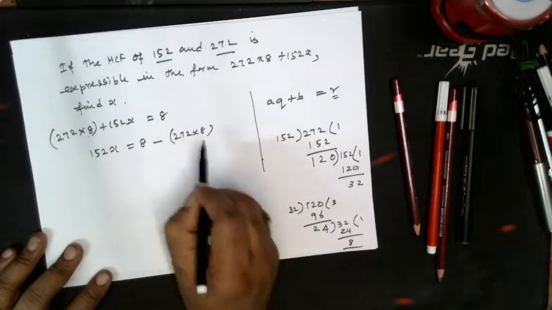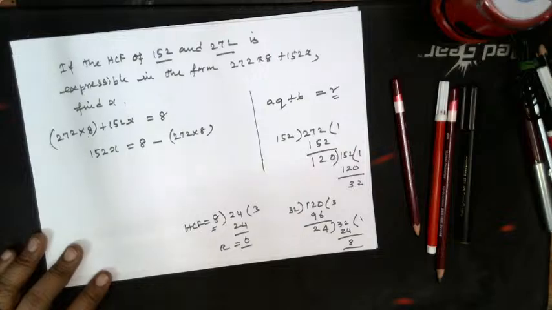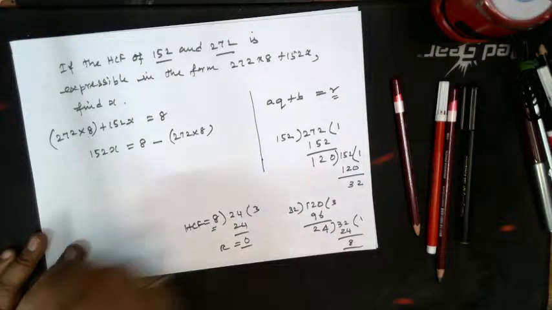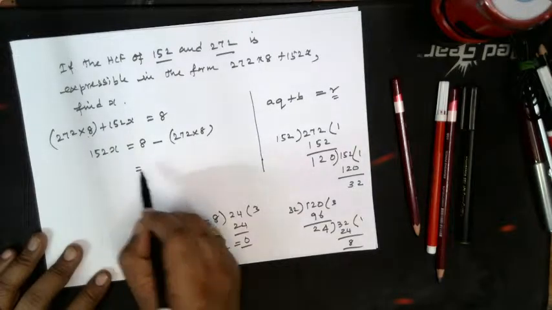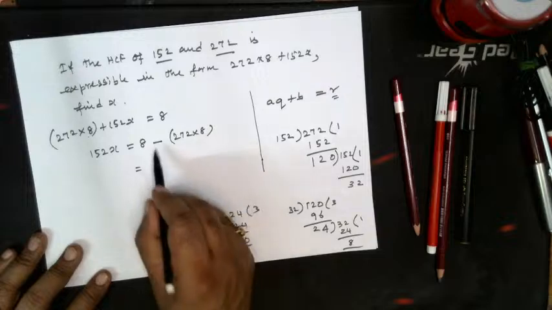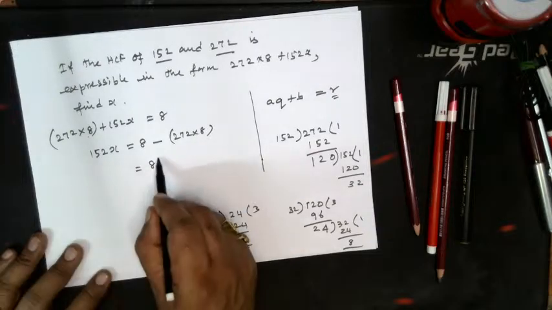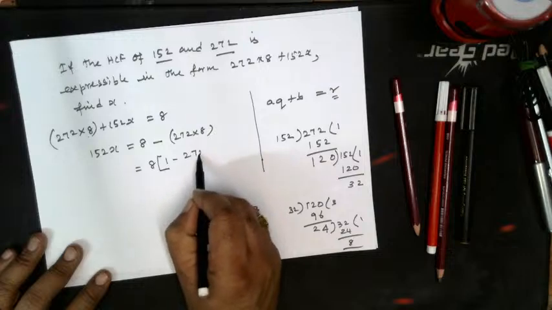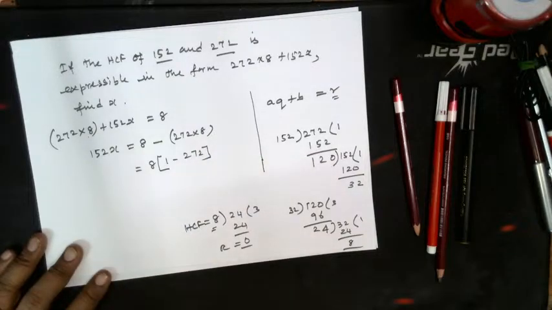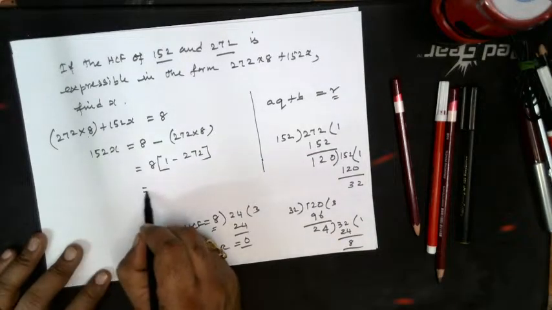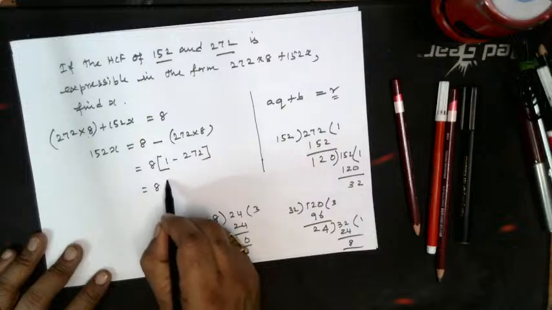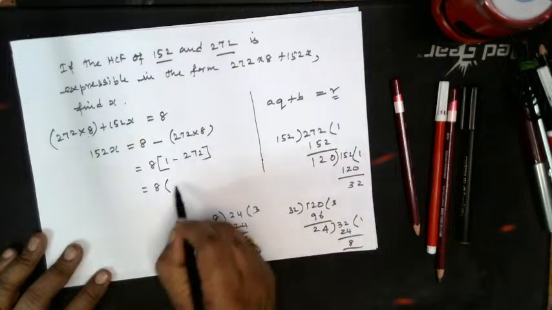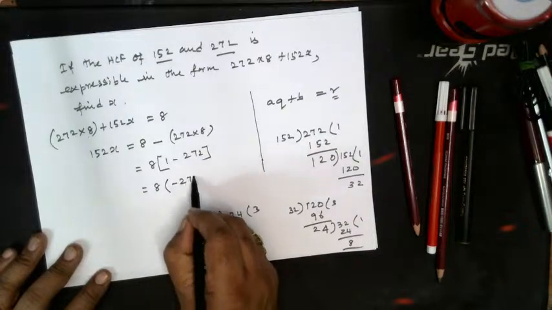Do you understand? Now 8 is common, you can take it outside the bracket, and 1 minus 272, right? So that is equal to 8 into minus 271.